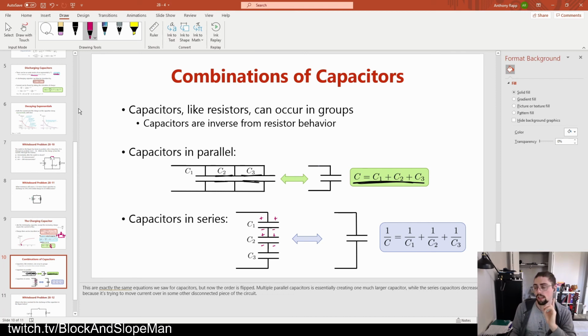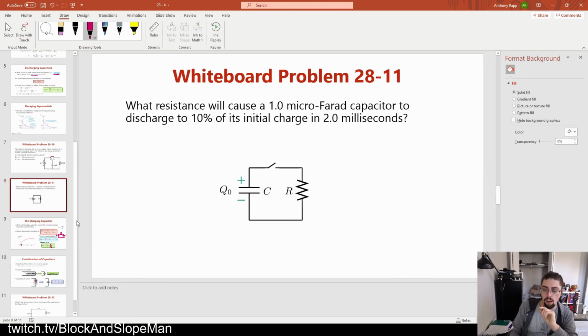Now, one last point. This entire time, we've been looking at, let's be honest, pretty simple circuits. When I keep talking about the resistance and the capacitance, I'm not talking about these individual components. Technically, that's true here, but what I'm talking about is the capacitance and the resistance of the circuit, not just any one component.